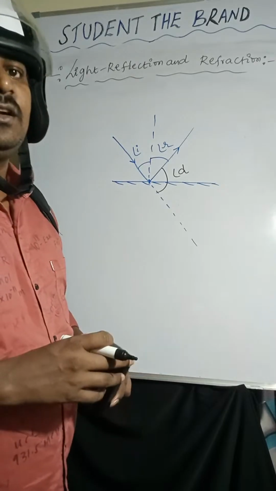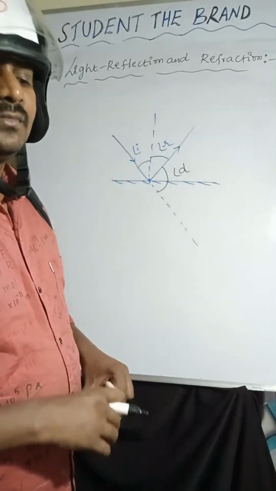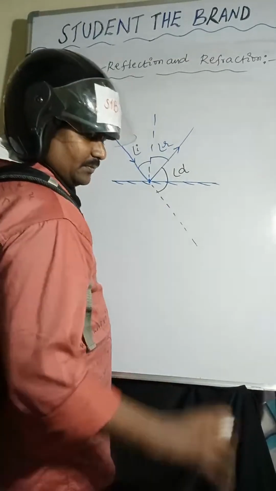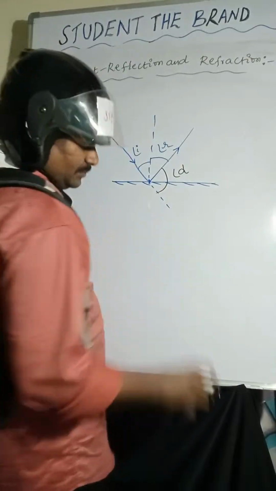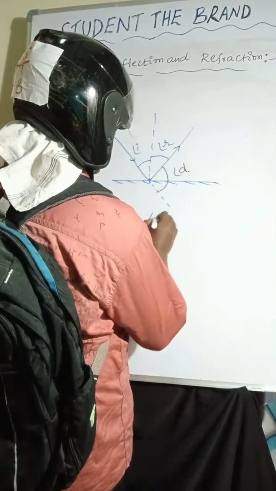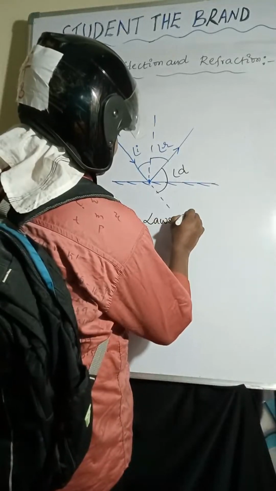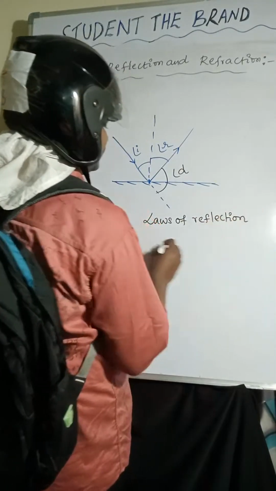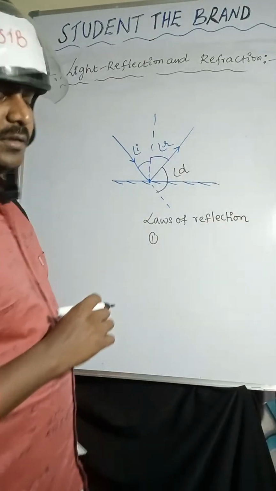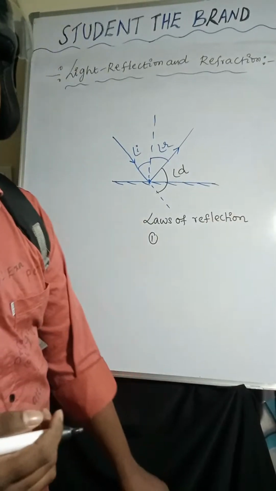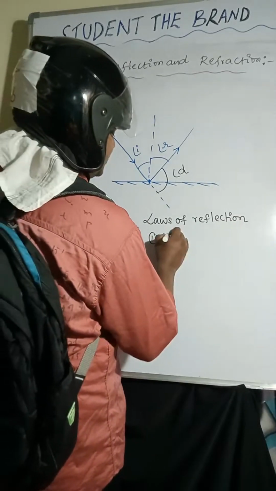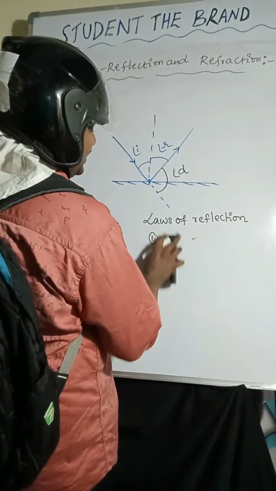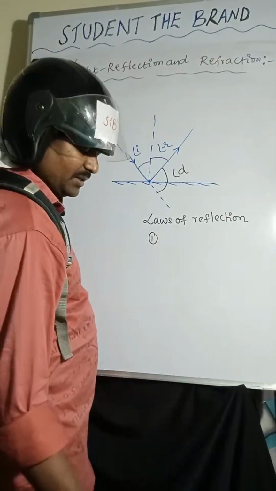The second law: the incident ray, reflected ray and normal line lie on the same plane.